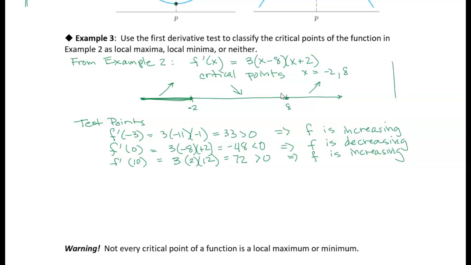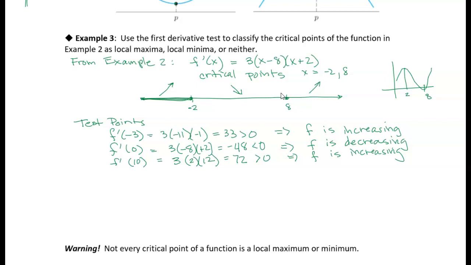And if I actually drew it, I'd have something that's increasing, decreasing, increasing, right? So increasing, decreasing, increasing. So here's 2 and here's 8, not to scale.